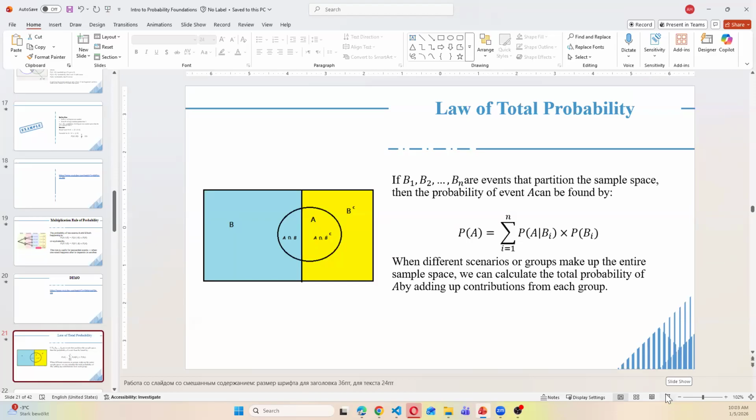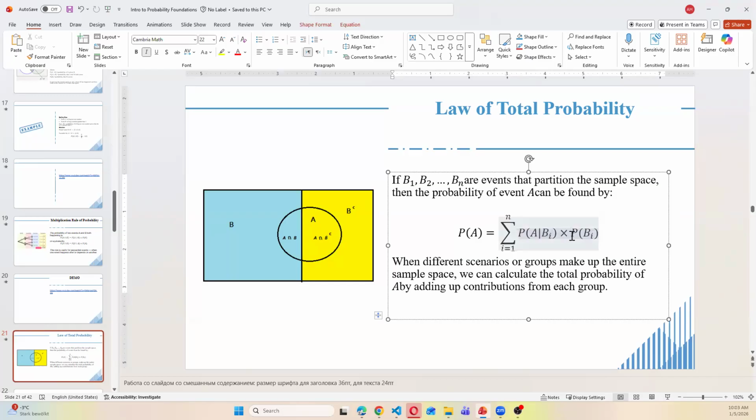Then we have the law of total probability. Now, if you have B1, B2, up to Bn, multiple events that make up the sample space, then the probability of event A is the summation from i equals 1 to n of the probability of A given Bi, times the probability of Bi, where i is the sub index.